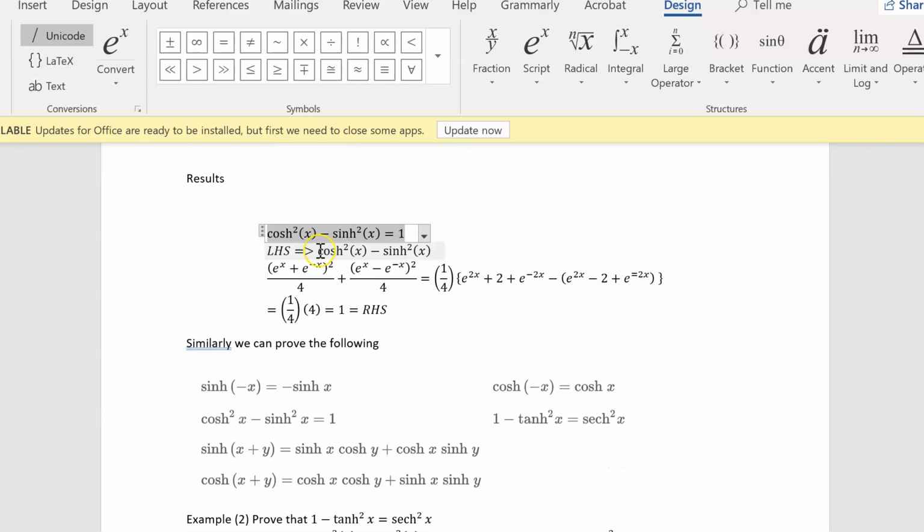So how do you show that? Let's take the left hand side, hyperbolic cosine squared minus hyperbolic sine squared. Hyperbolic cosine x is e to the x plus e to the negative x over 2.